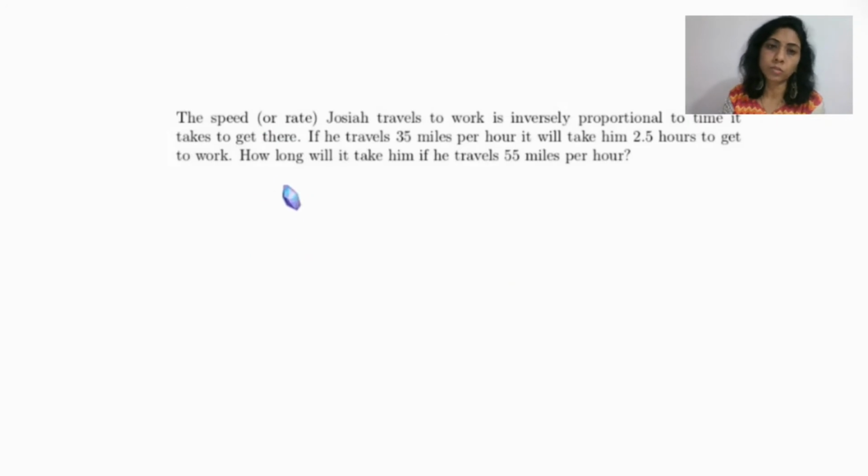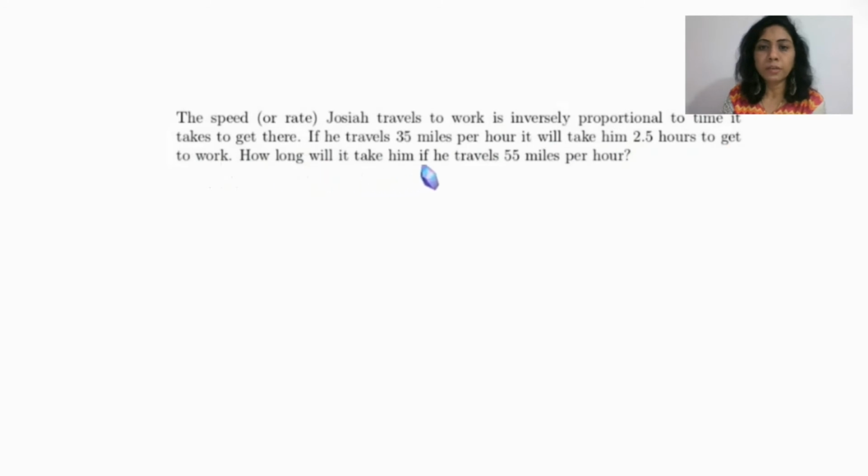Okay, here is the next question. The speed or rate Joshi travels to work is inversely proportional to the time it takes to get there. If he travels 35 miles per hour, it will take him 2.5 hours to get to work.